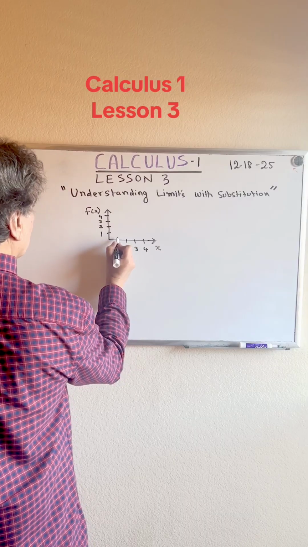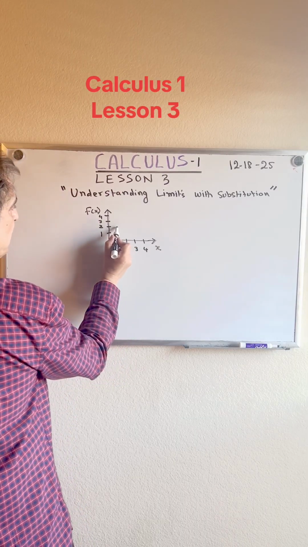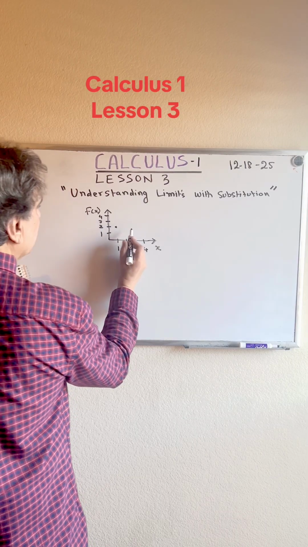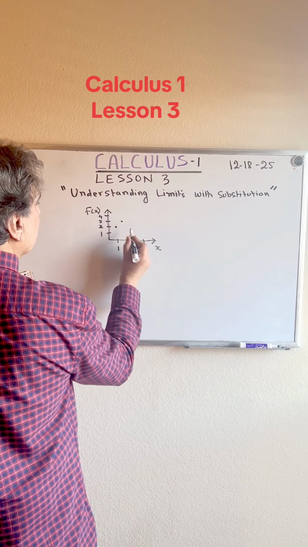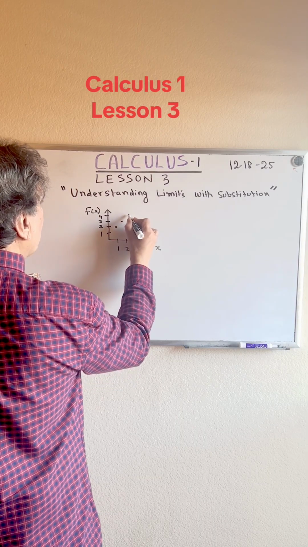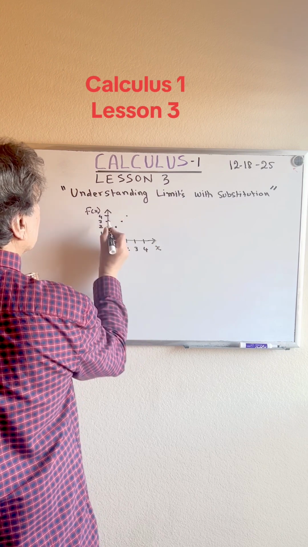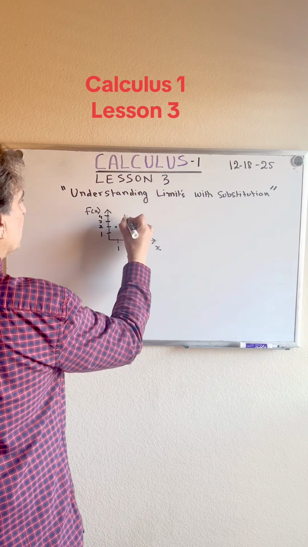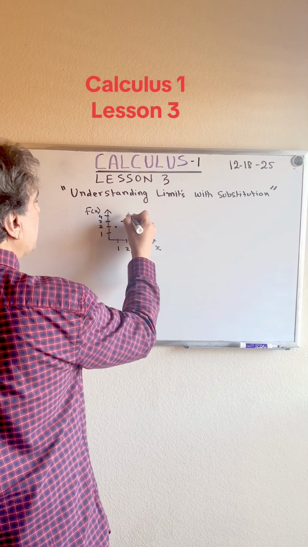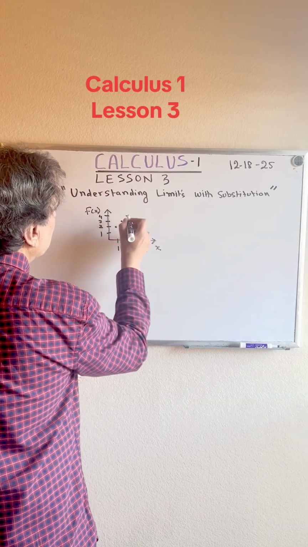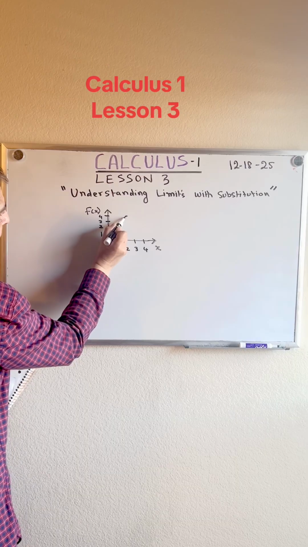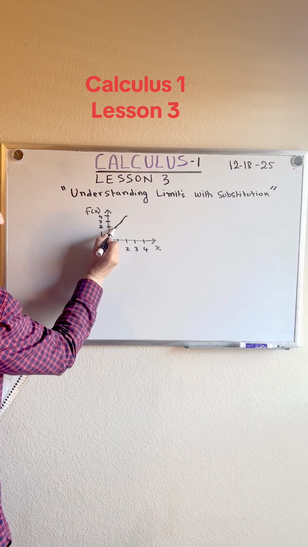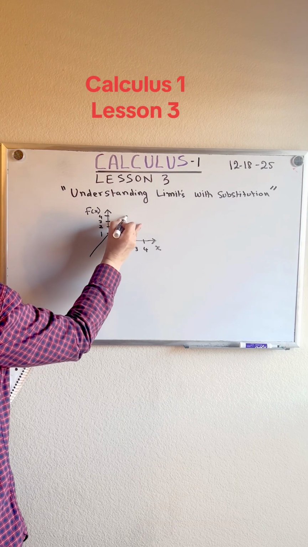I'm at 1 and I pick this point right here. Then I'm at 2, I pick this point right here. When I'm at 3, I pick this point right here. So it seems like a pretty straight line. If I draw the line, my line might not be perfect, but you understand what I'm trying to do, right? So if I draw the line right here, it's going to pass like this.